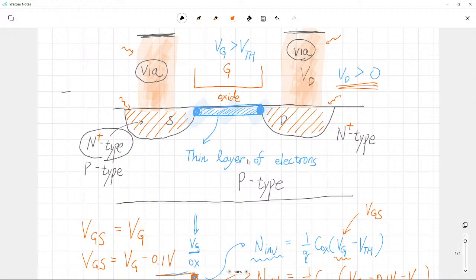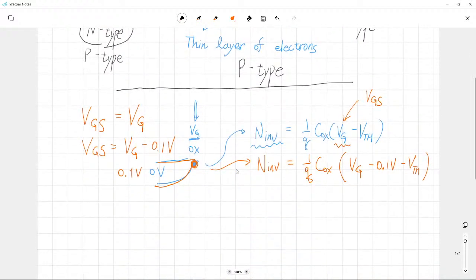Then my question is, from the viewpoint of our drain side, if we concentrate on this part, what will be the inversion charge collected just beneath this drain end of our gate? So you clearly understand this part.